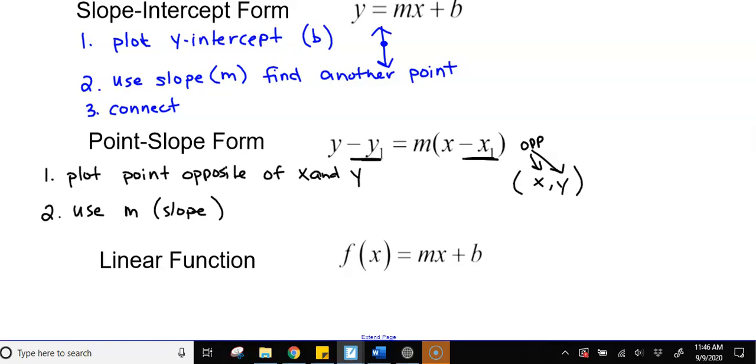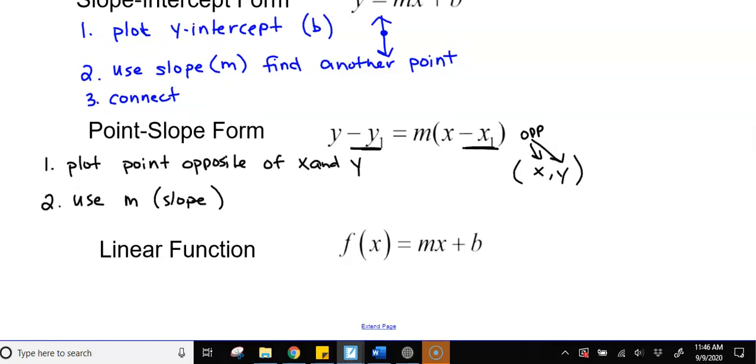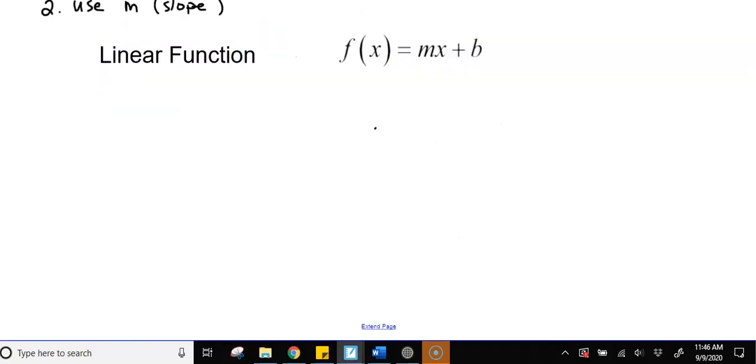Alright, last thing we just need to talk about really quick is what a linear function is. Obviously, lines are functions. You're not going to come across a line that is not a function. But the key here is just being okay with function notation.